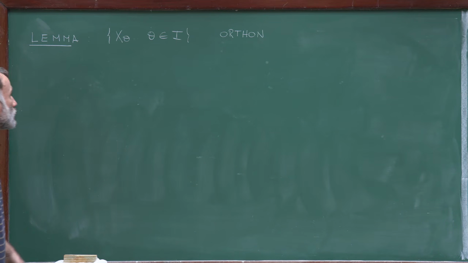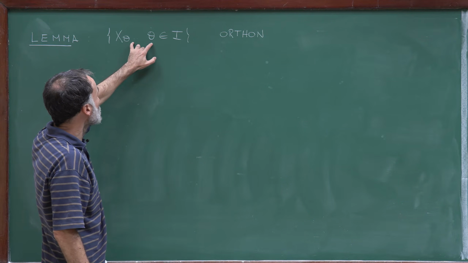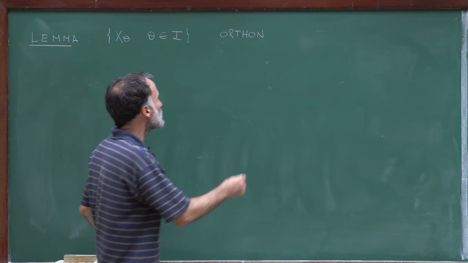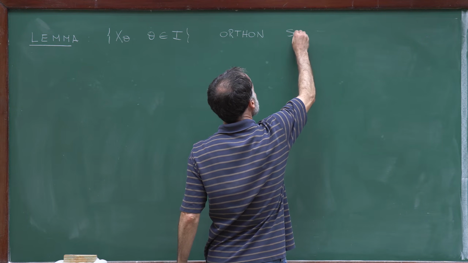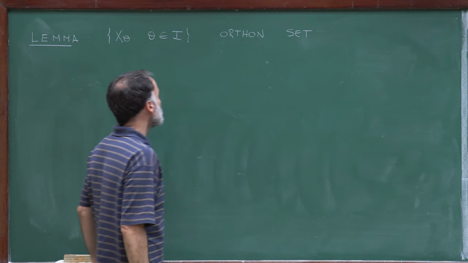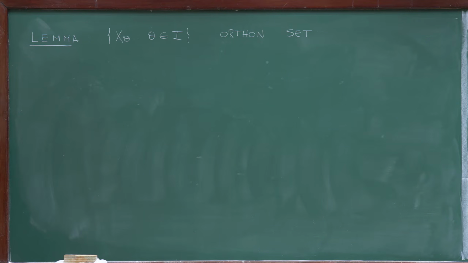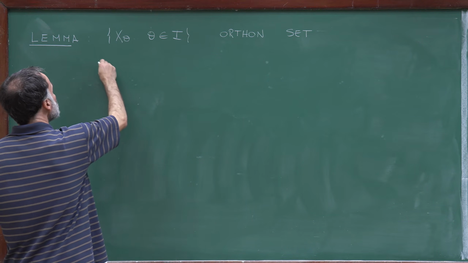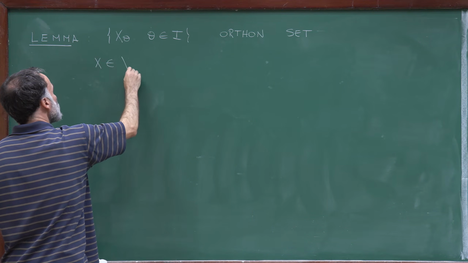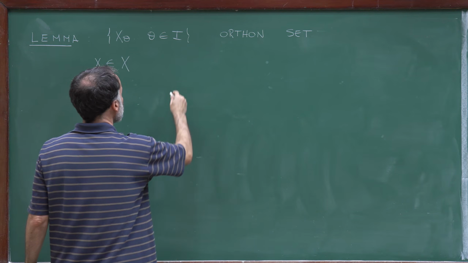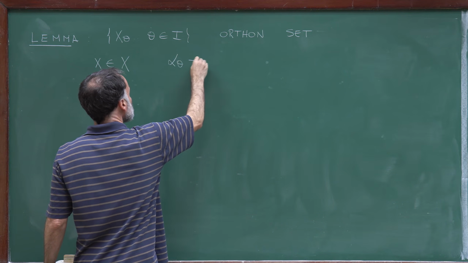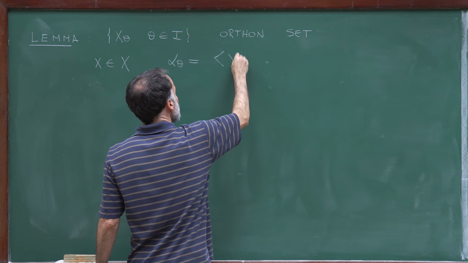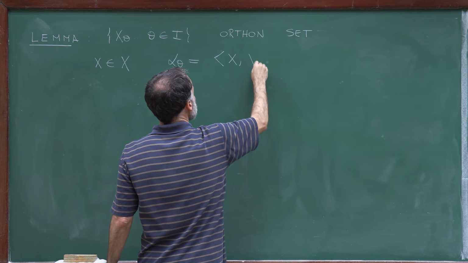So now I have this orthonormal family, which sometimes I'll call an orthonormal set. I fix x in X, our Hilbert space, and I call alpha theta the scalar product of x with x theta.